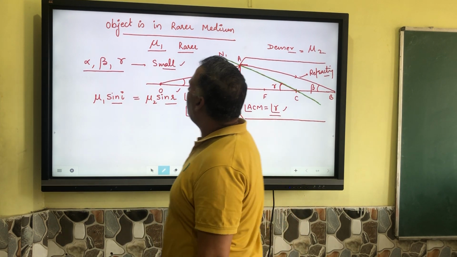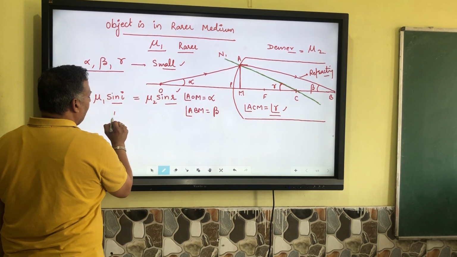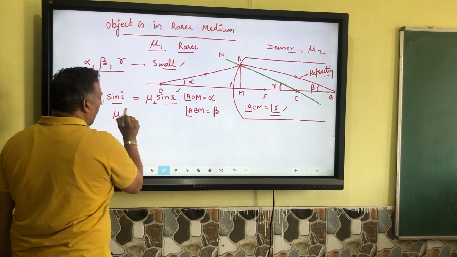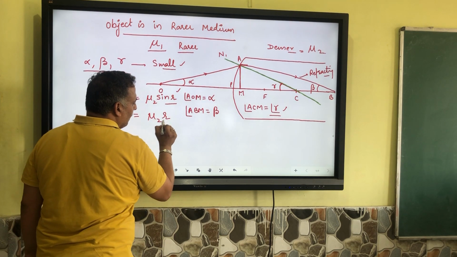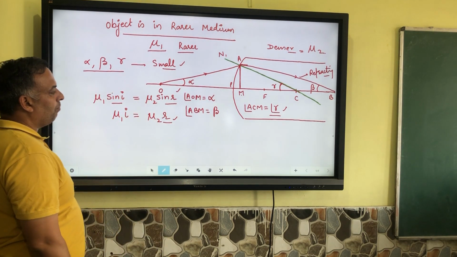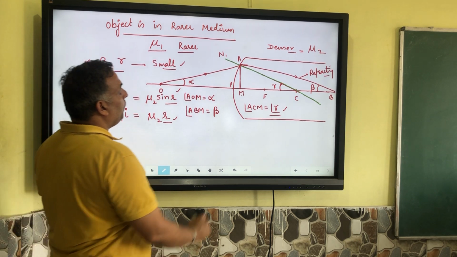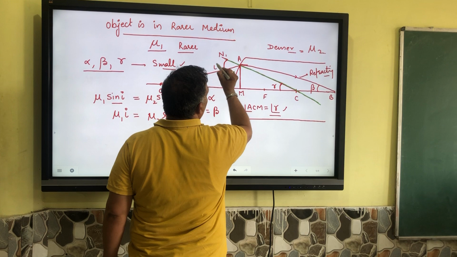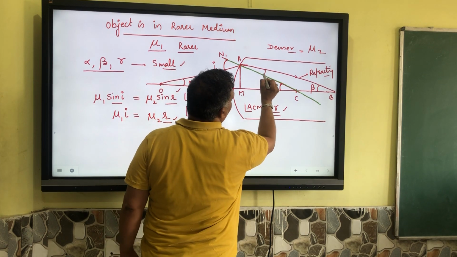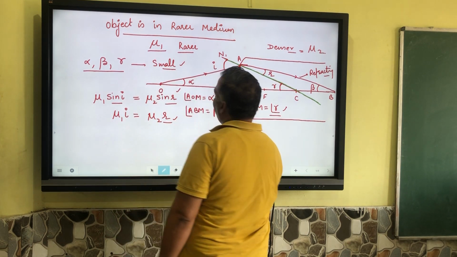This angle is very small, so you can take it as mu1 into i and mu2 into r. So here the angle i is this one and angle r is this one.